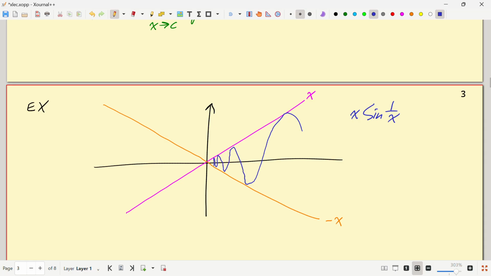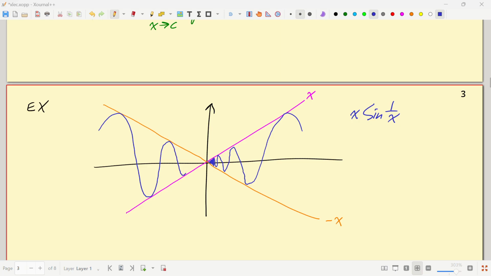And it's going to start bouncing like hell as you get closer to the origin. All right? And over here, x is an odd function, and sine 1 over x is an odd function. So over here, it would actually be a symmetric picture, bouncing up and down between plus 1 and minus 1.